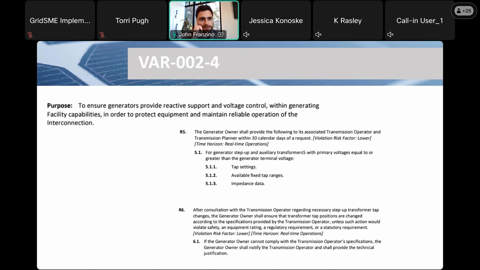For GOs, it's a simpler requirement in R5: if you do change tap settings, whether for seasonal voltage schedules or whatever else, that needs to be documented and communicated upon request by the transmission operator or transmission planner. We'll get to the monitoring of real-time AVR, automatic voltage regulation, in the GOP section in a few minutes.